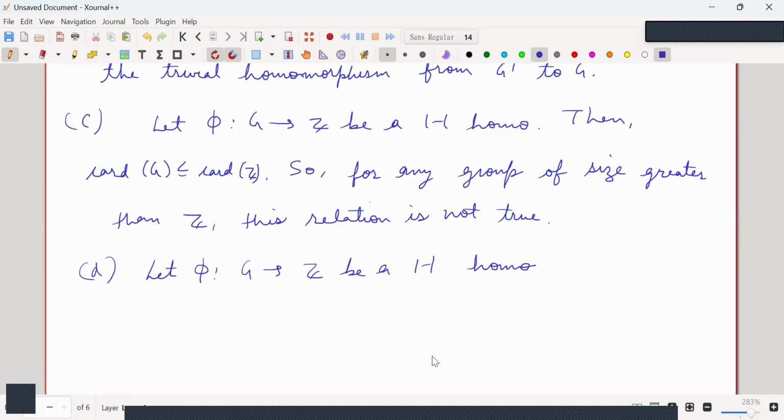And is this true for uncountable sets also? No. There is a statement which says that the cardinality of any set A is strictly less than the cardinality of the power set of A. You know power set? Yes, sir.